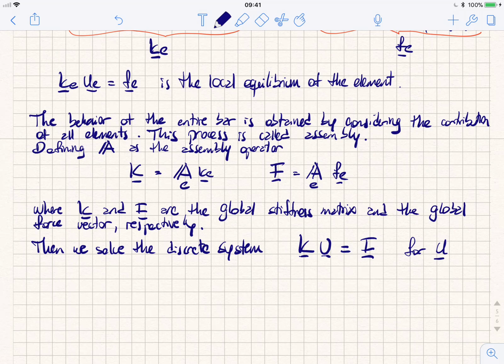So let me just finish. I need a couple more minutes because this K has nice properties, as I was discussing with a couple of your colleagues a few minutes ago. If you start with the Galerkin method and you conserve the symmetry throughout, what you find is that your K matrix is symmetric.